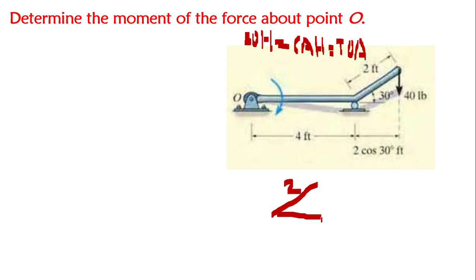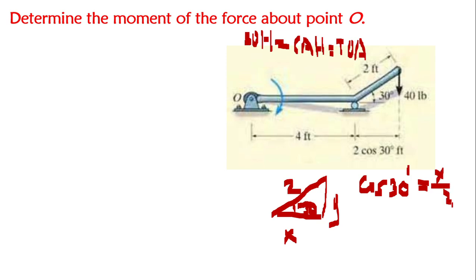So, we have here 30. Ito yung Y, ito yung X. So, for example, cosine 30. So, adjacent side over hypotenuse. So, X is 2 cosine 30 degrees.